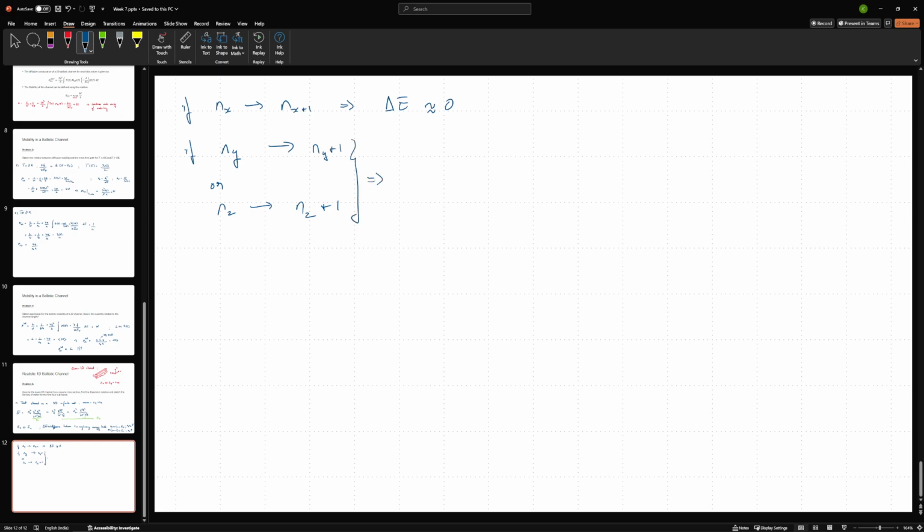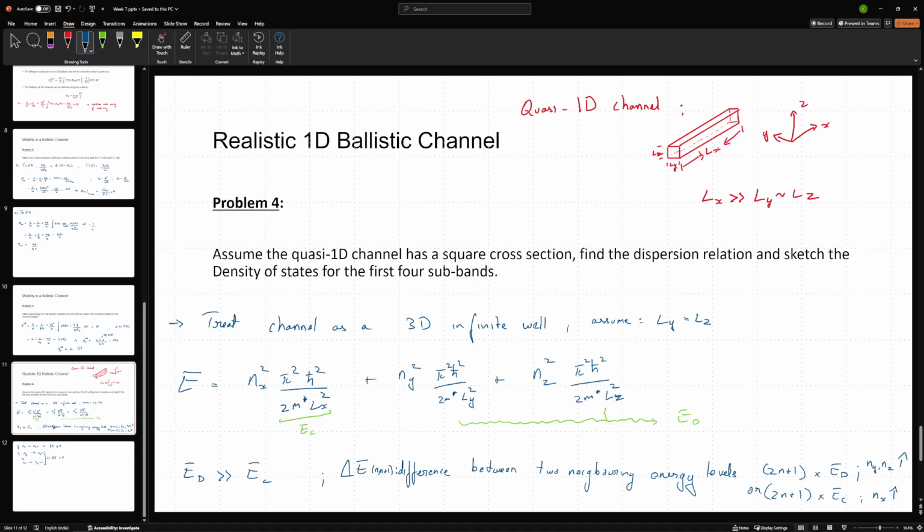In both these cases, delta E is definitely greater than 0. So what I can say is that this energy corresponding to nx, corresponding to the x-axis momentum, as we have seen in the 1D infinite potential well, is essentially just p squared by 2m, analogous to p squared by 2m star to be precise.